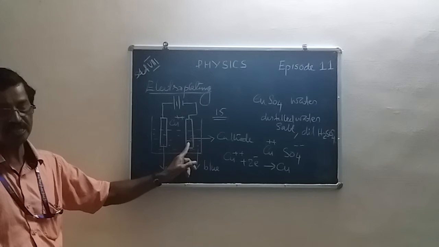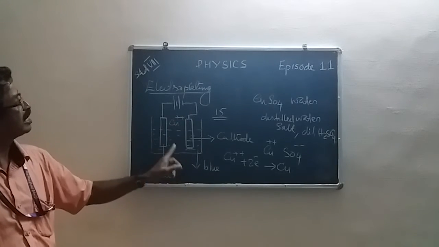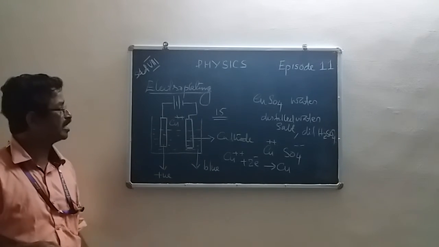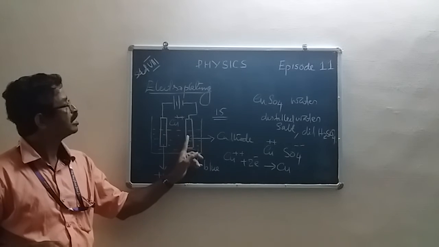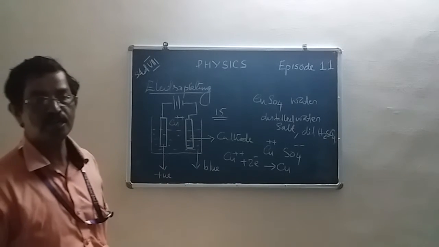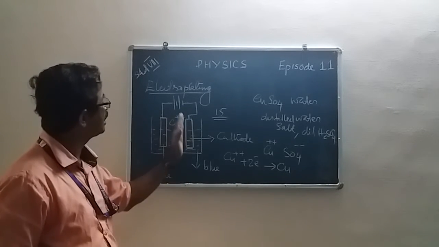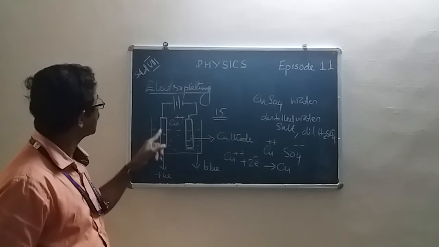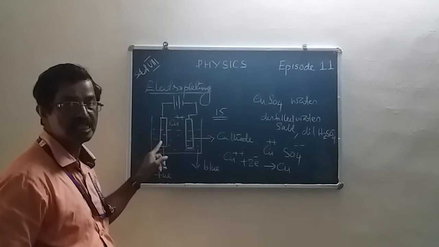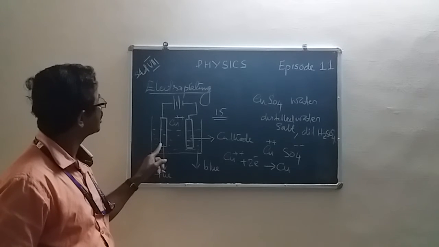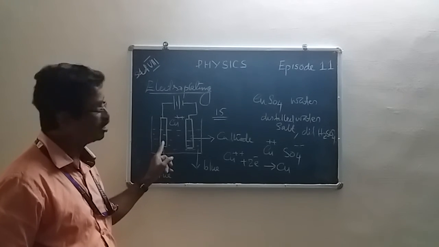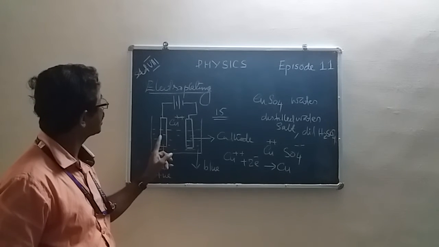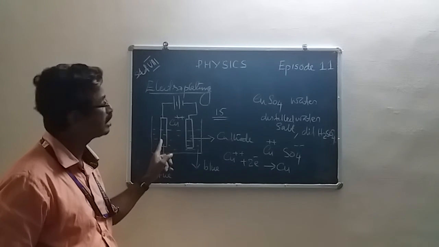So after taking out the cathode, the negative electrode, we can see the deposition of copper, while the thickness of the anode gradually decreases because each copper atom leaves into the electrolyte after giving 2 electrons.